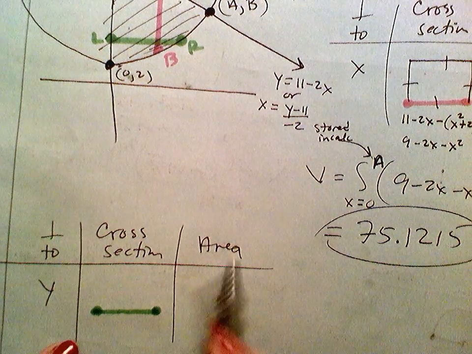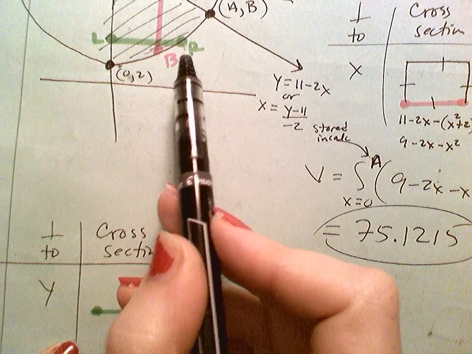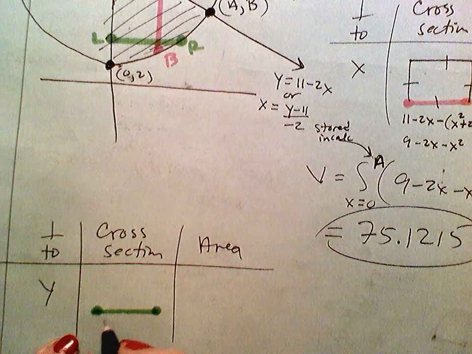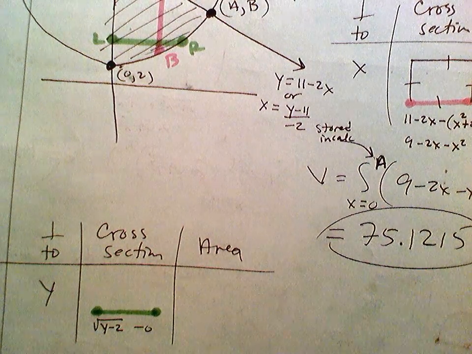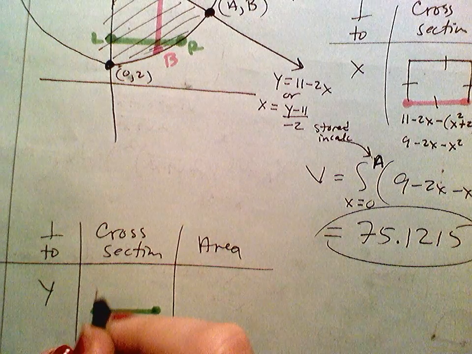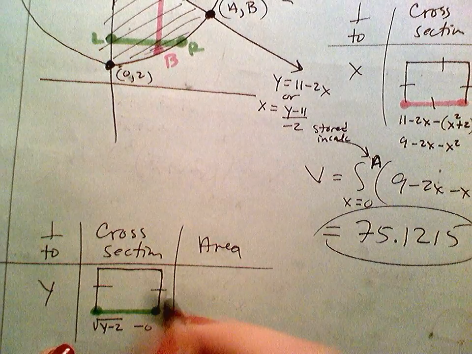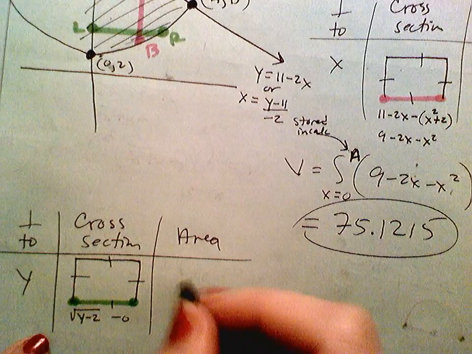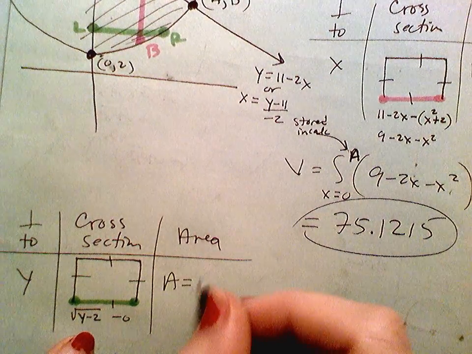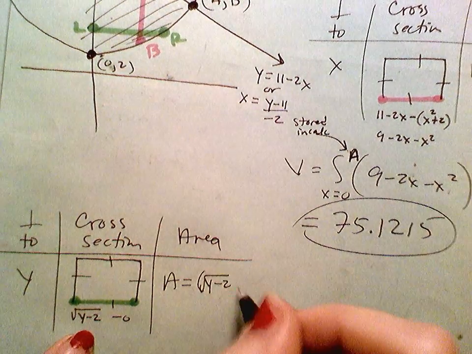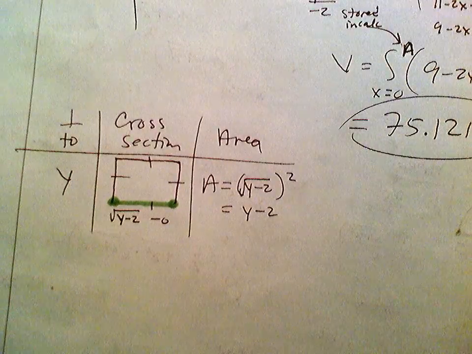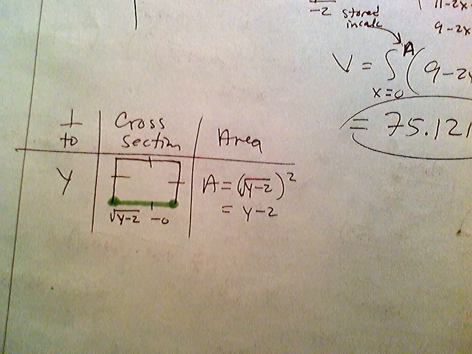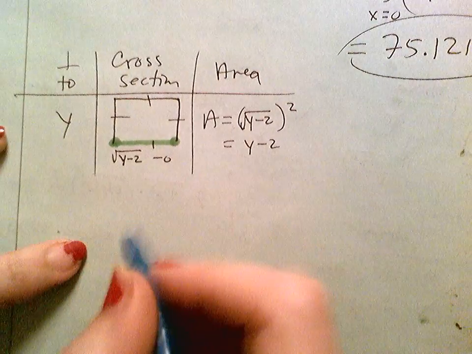Right minus left, right is going to be the graph of the parabola, so in terms of y, that is radical y minus 2, but then it's minus 0, which you don't really need to write. And then I'll just complete that cross section. The area is base times height, but it's just radical y minus 2 squared. If you want to simplify that, you could just recognize that's just y minus 2.